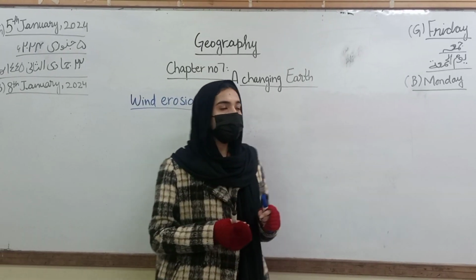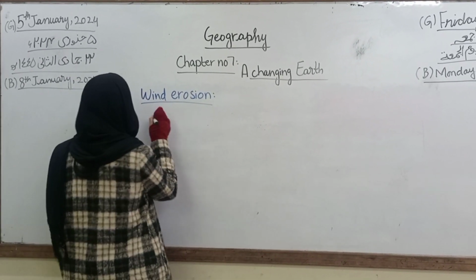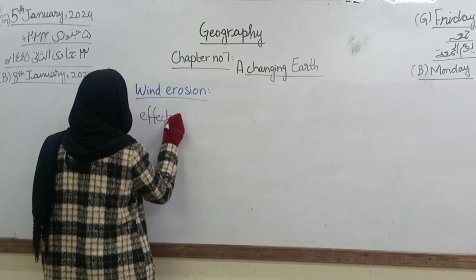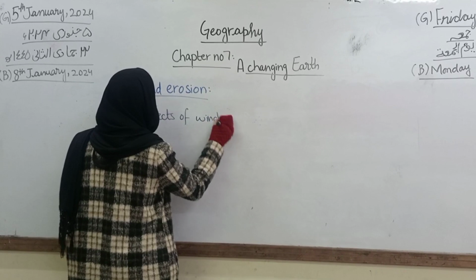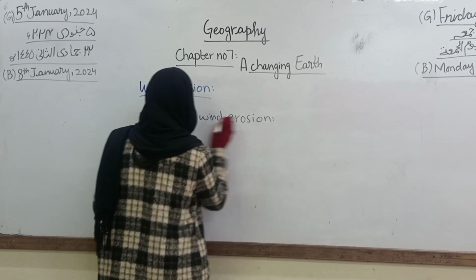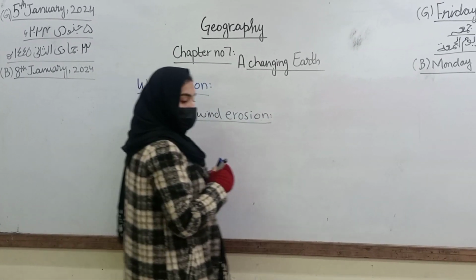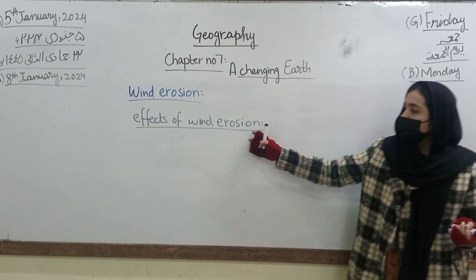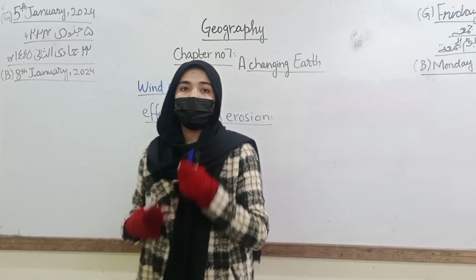So class, let's start with the discussion of the effects of wind erosion, that is, how it affects our lives. Yes. How can we explain that wind erosion affects our lives? In how many ways does it affect our lives?